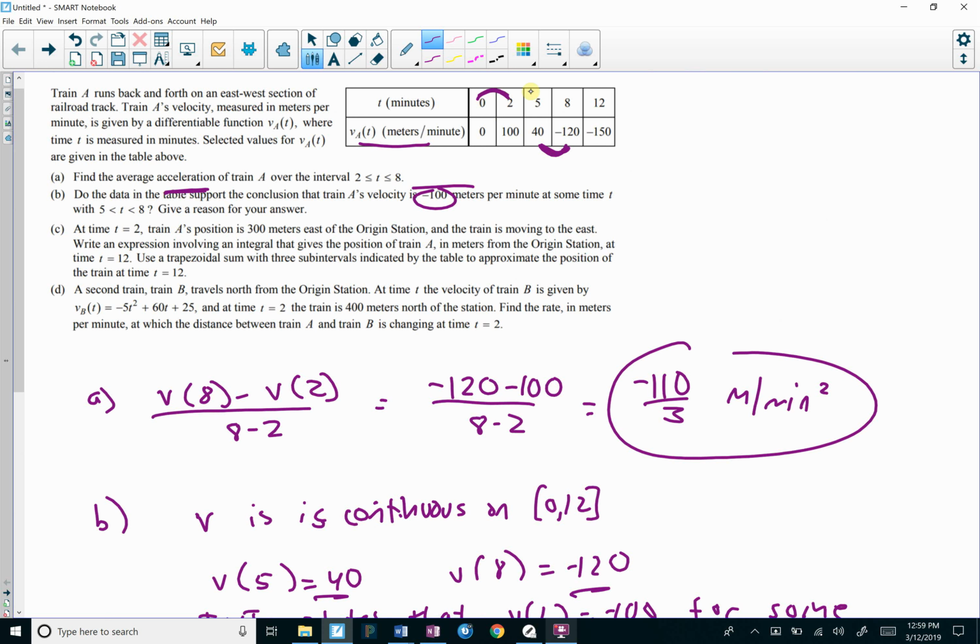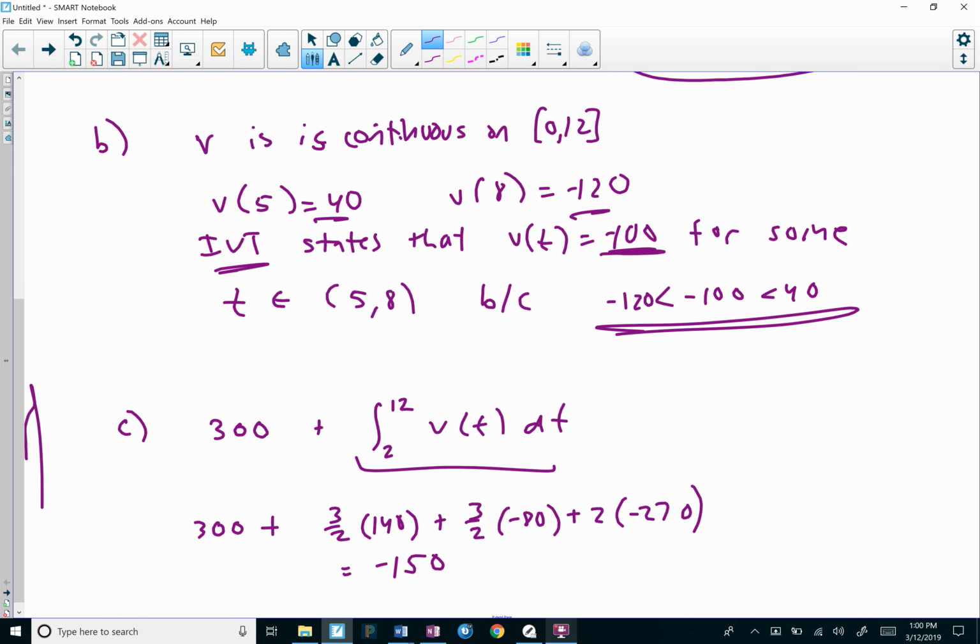Oh, I'm sorry, we're on 2 to 12. Sorry. 1 half, they're 3 apart, base 1, base 2. 1 half, they're 3 apart, base 1, base 2. 1 half, they're 4 apart, base 1, base 2. Can't use a formula because they're not evenly spread apart. You end up getting negative 150.